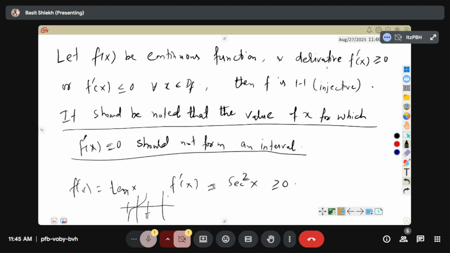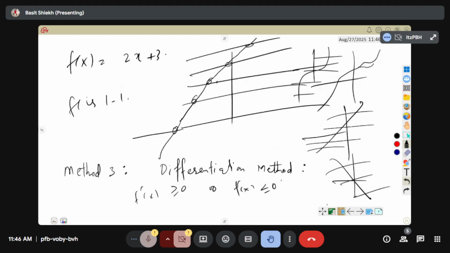It is not defined at pi by 2, minus pi by 2, so it is discontinuous. In this case, we will not apply this. We have to be very cautious in these cases.